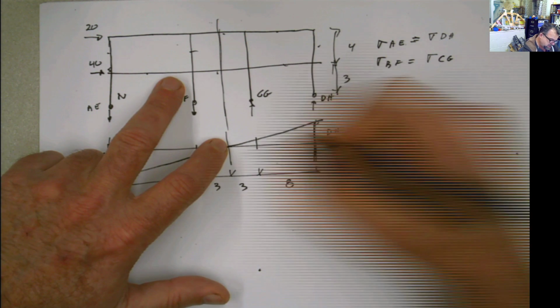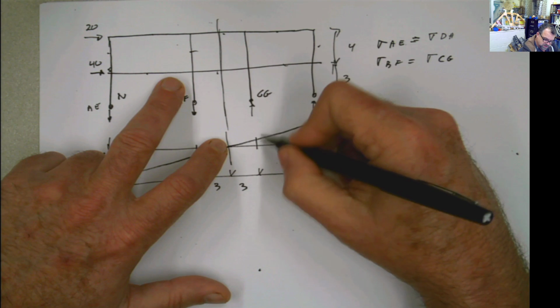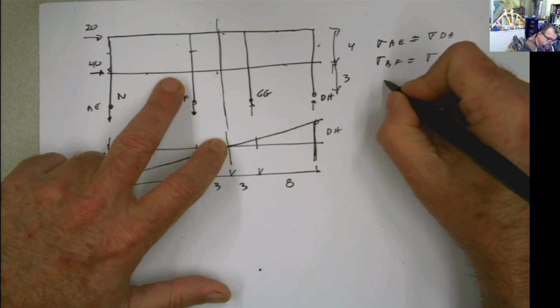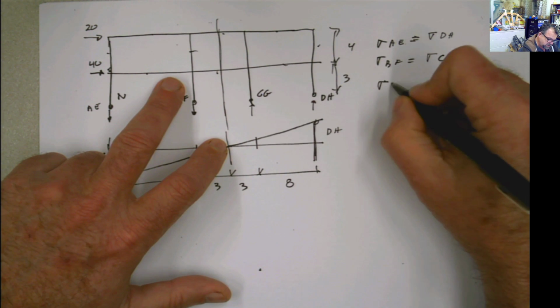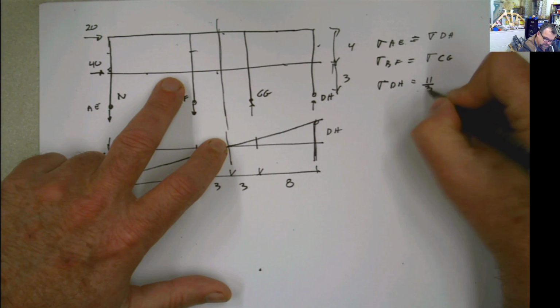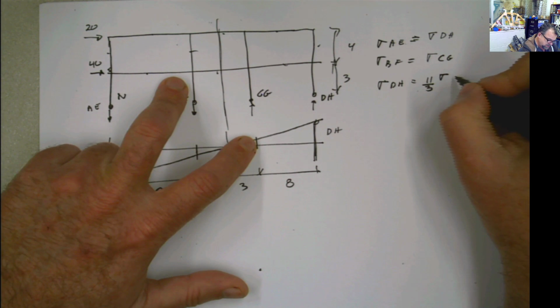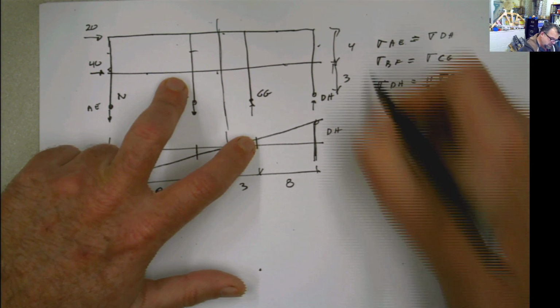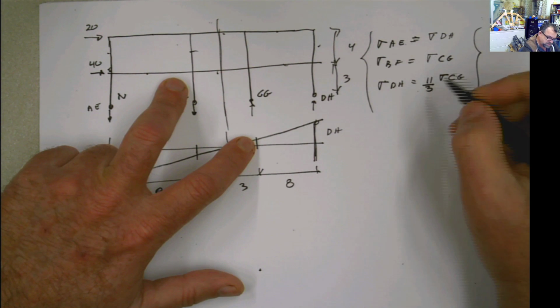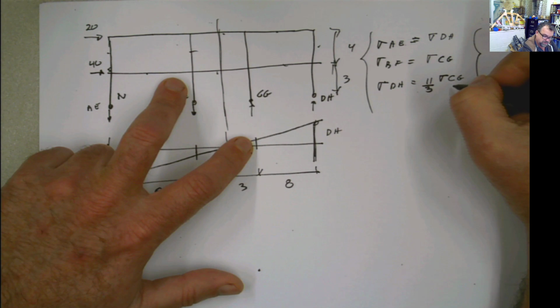The stress DH divided by 11 has to be equal to the stress CG, which is going to give us the stress at DH is going to be equal to 11 over 3 times the stress of CG. And then you have here these relationships. These are the real relationships that you have to use.